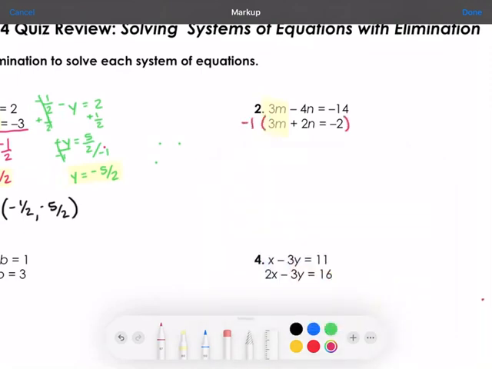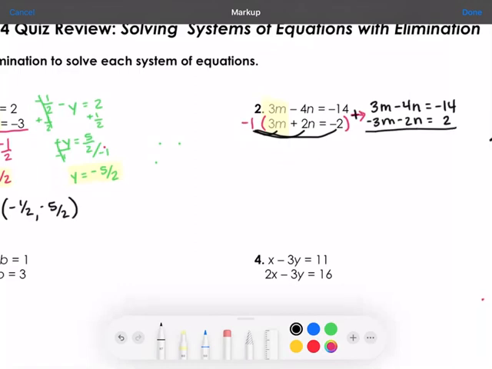So I'm going to multiply this entire bottom equation by negative 1, which means I need to rewrite everything. And so I get 3m minus 4n equals negative 14. And when I distribute the negative 1, I get negative 3m minus 2n, and then negative 1 times negative 2 is a positive 2.